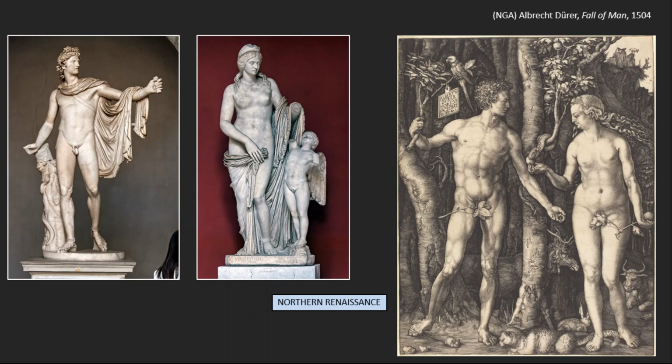Dürer is very much interested in giving new light to old ideas from ancient Rome and putting them into his imagery. So Adam and Eve could easily be Roman gods and goddesses in this particular image.